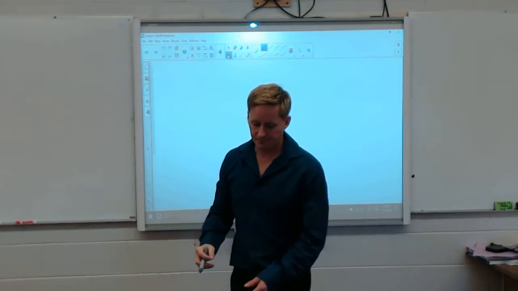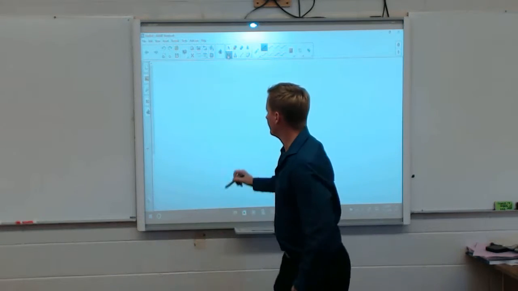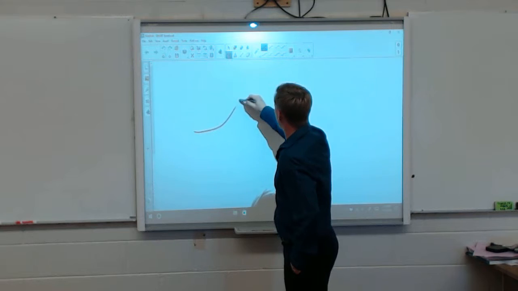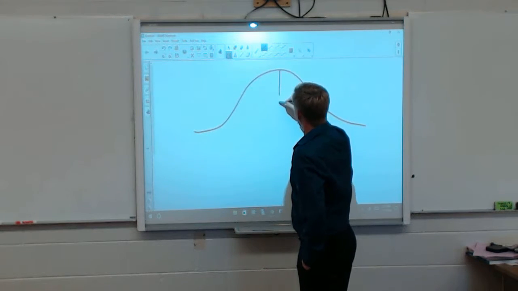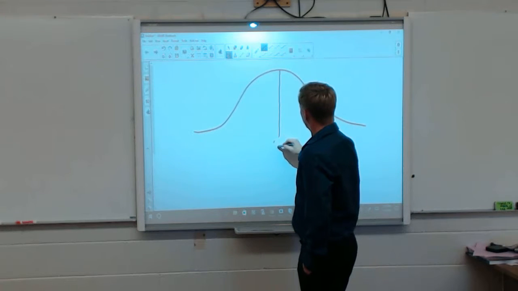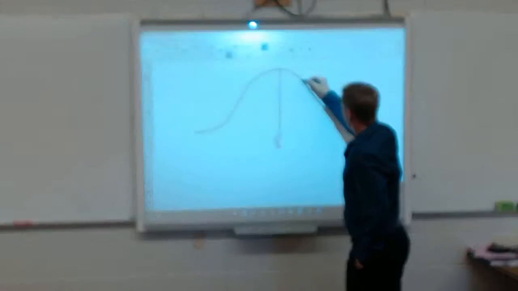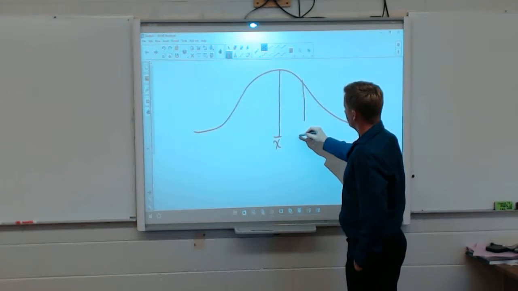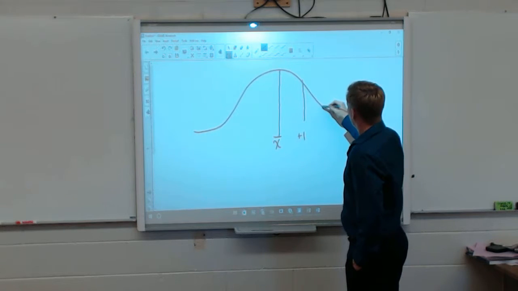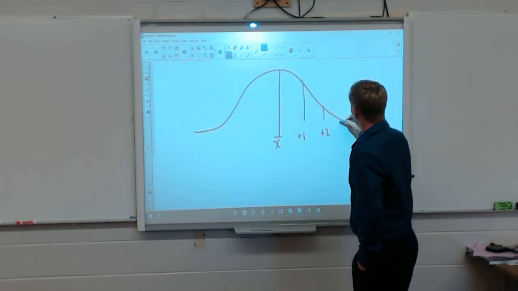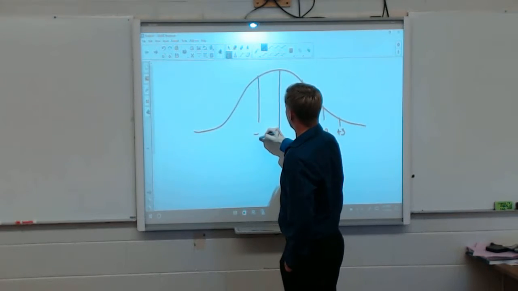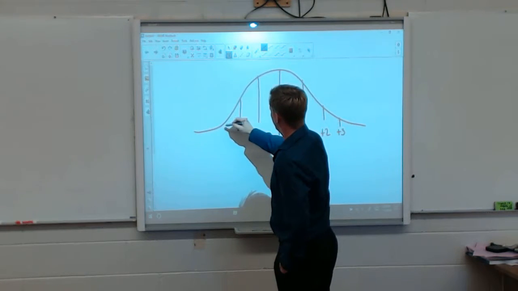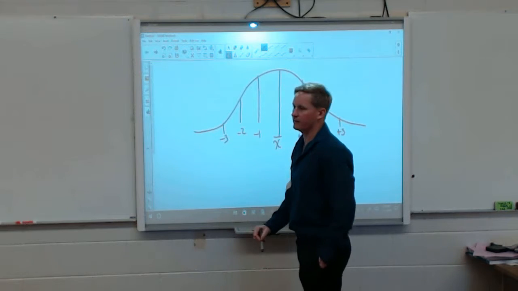Okay, so on Thursday, the curve we looked at, we looked only at the percentages given when you're +1, +2, +3 standard deviations away, or -1, -2, or -3 standard deviations away.